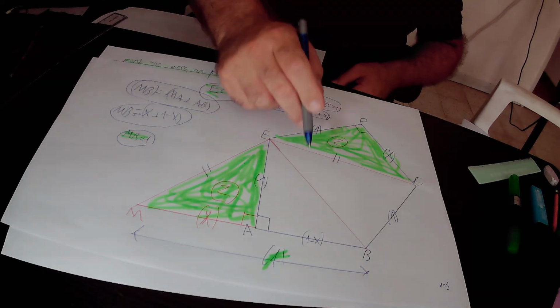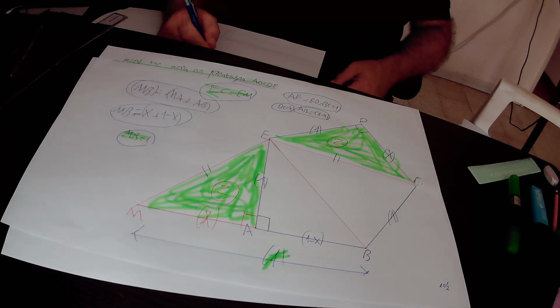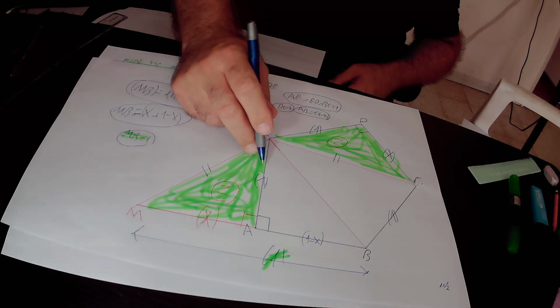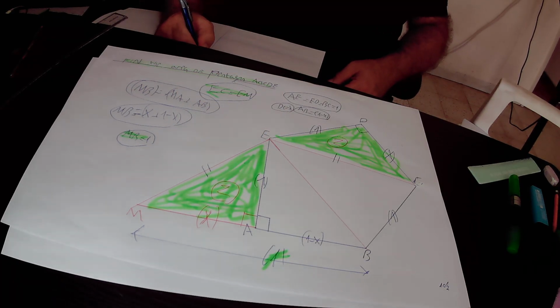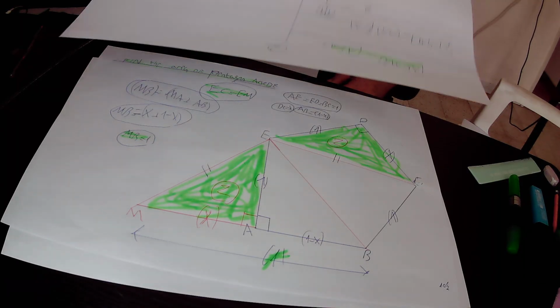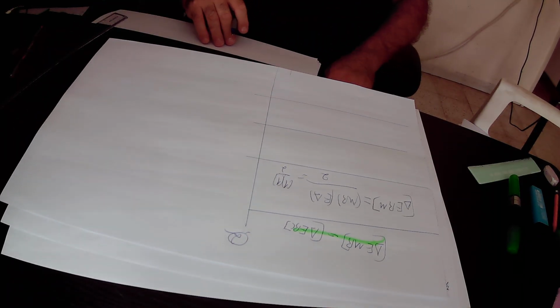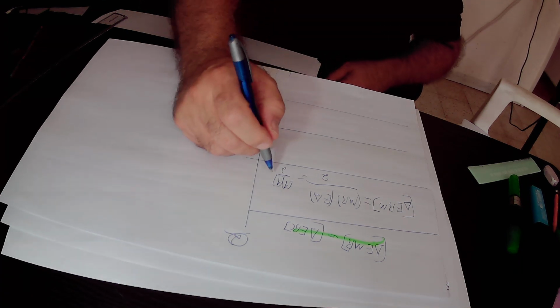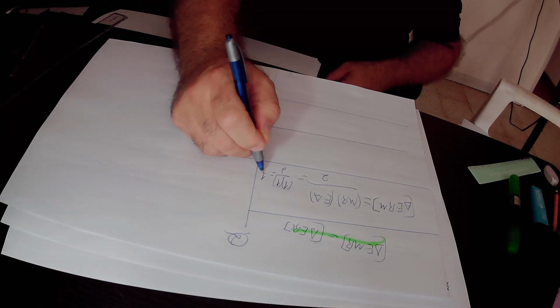MB equals 1 times EA. EA also equals 1 divided by 2. So in total, we found that the area of triangle EBM is equal to 1 times 1 over 2. 1 times 1 is 1 over 2.